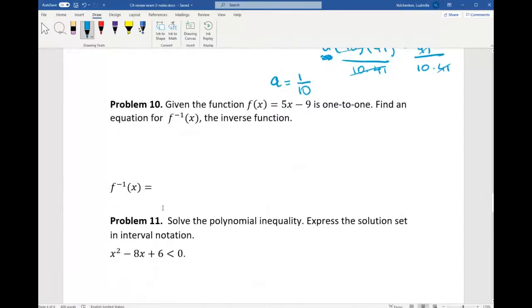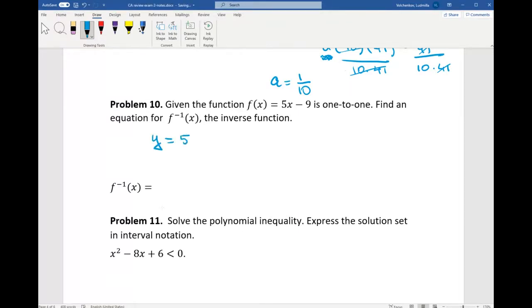Given the function f of x equals 5x minus 9 is a one-to-one function, so it has an inverse. We are going to find this inverse function. Okay, the strategy for finding an inverse. First, we write y instead of f of x to make it simple.